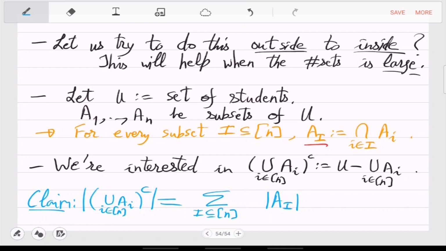Yes, there are signs. Some A sub I's will come with a positive sign, the others will come with a minus sign, and together they will give you the count. So what is the sign? It depends on the parity of the size of I.